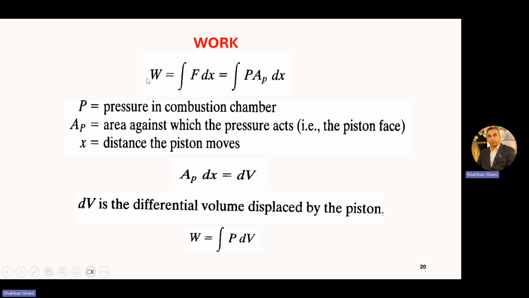So we can write this work equation as the integral of pressure into area into the derivative of distance. As we know, area into distance is the volume, and dV is the differential volume displaced by the piston. So we can put these values in the equation: the work is equal to the integral of pressure into differential of volume.